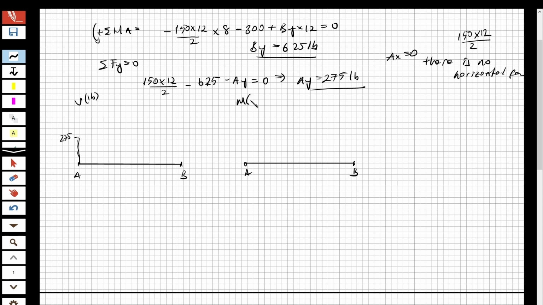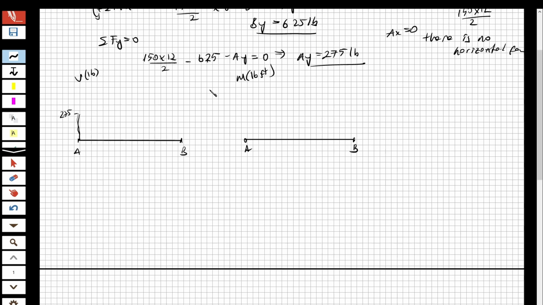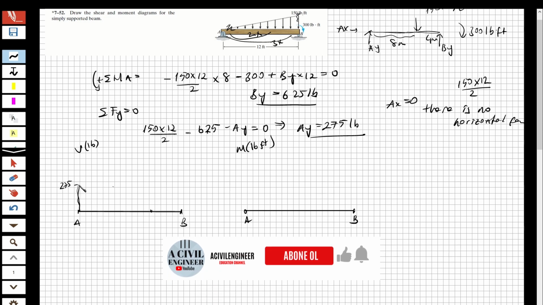Sorry, this is shear. So this is a triangular load. For the small part, this is the small part, this is the big part. The triangular load is a little complicated, but it is easy, so just watch what I say and what I do.